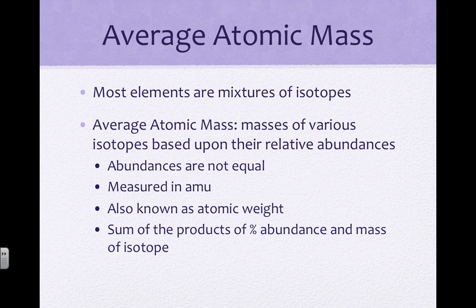Some isotopes are unstable and are radioactive, so you don't find them in nature as much as other ones. But everything is measured in AMUs, and we combine these atomic weights and the percent abundances, and we're able to calculate the average mass for an element.